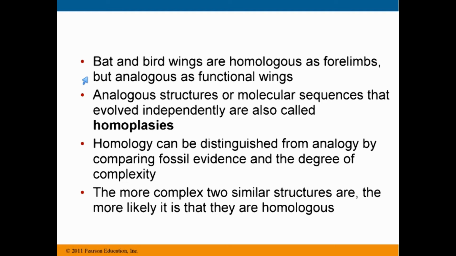Birds cannot. So birds have completely given up their forelimbs in terms of flight. But if you watch a bat, they can actually still use their forelimbs functionally and also for flight. So here you've got homologous structures, but they're still analogous structures when you look at them in a different way, so to speak.